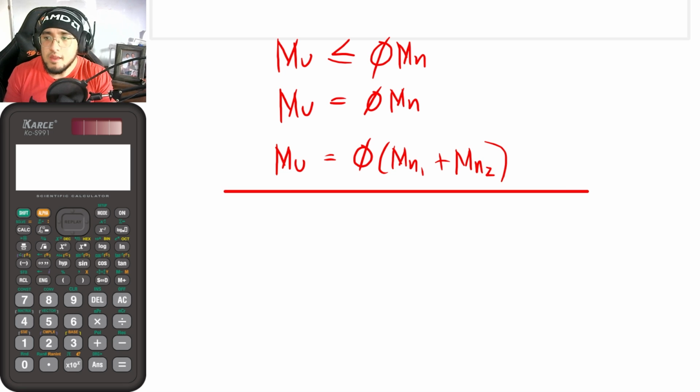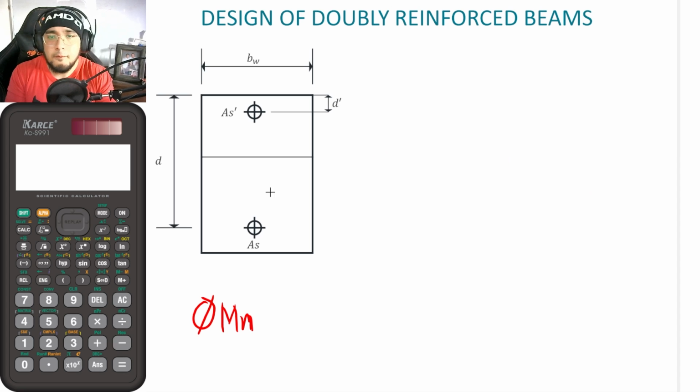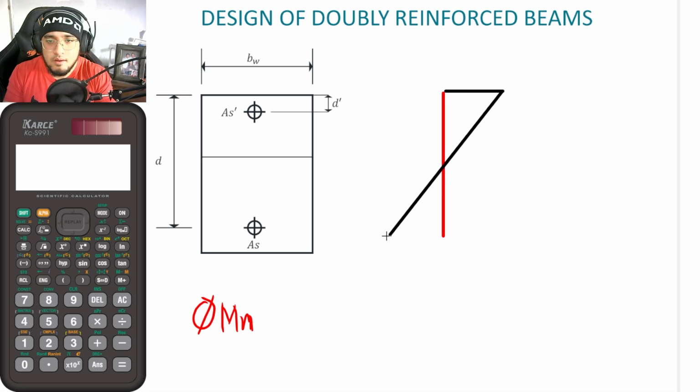And before anything else, suppose that we have this particular section and I will be drawing its strain diagram. If this is our strain diagram, take note that the ultimate strain of concrete, strain U or strain C, is equal to 0.003.